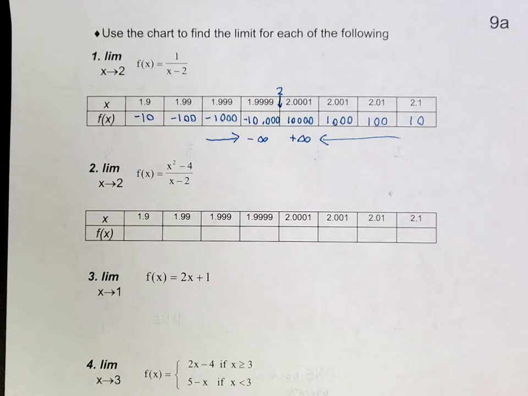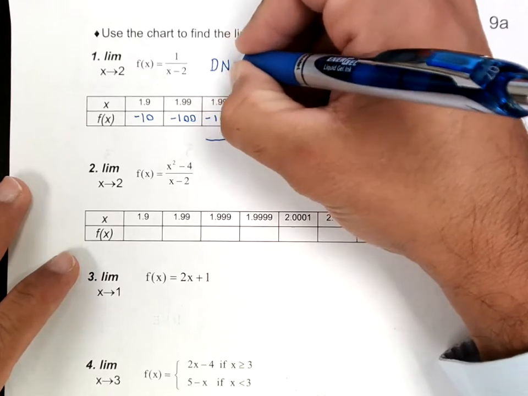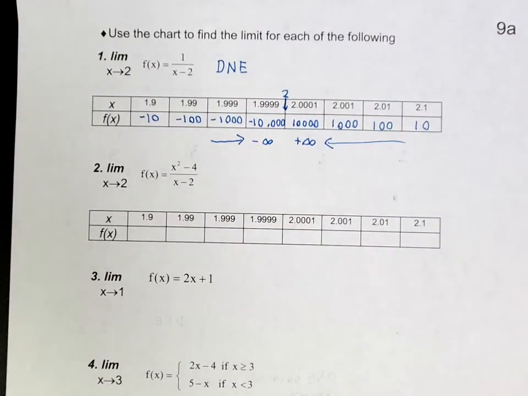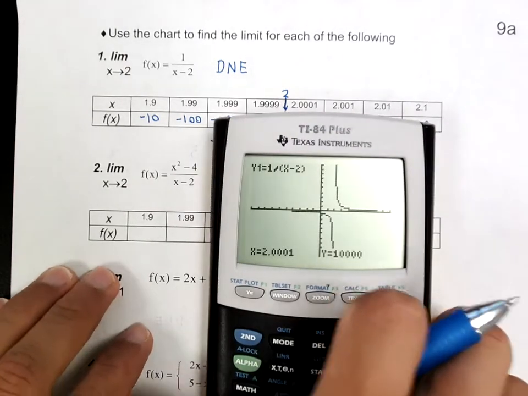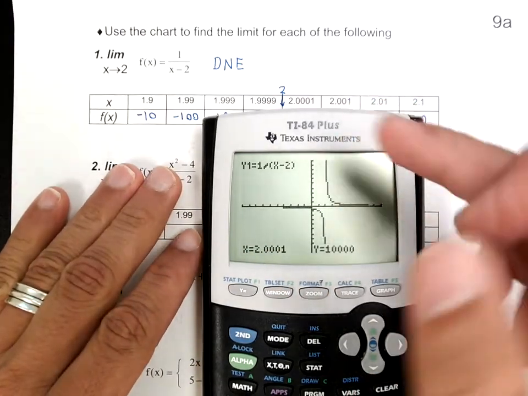So therefore, the limit does not exist on this one, because you're not approaching the same y value. Again, as I approach from the left, I'm going to negative infinity, and as I approach from the right, I'm going to positive infinity.